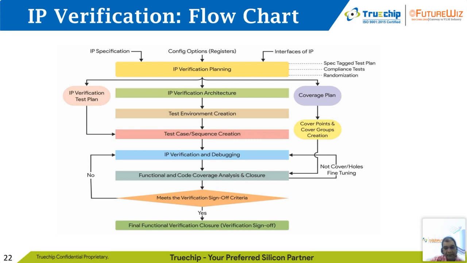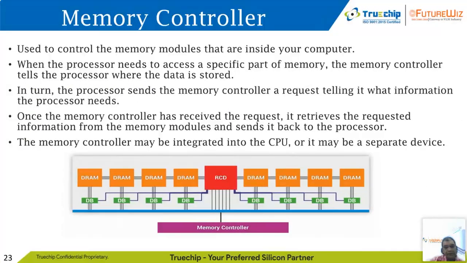Now let us move forward. So this is a memory controller. We talked briefly about a memory controller here. The processor needs to access specific parts of the memory, and the memory controller tells the processor where the data is stored. Typically the processor needs to be freed from the nitty-gritties of the different types of memory, whether the memory is an SSD versus an HDD versus a CD versus a DDR.